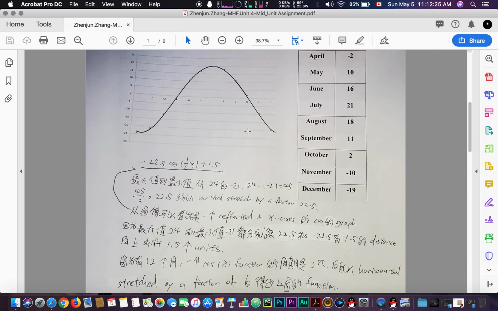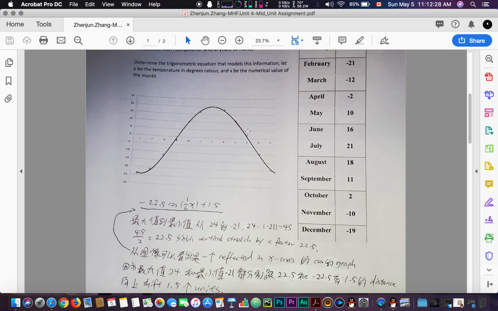Okay, so how did we do that? We have a maximum of 21 and a minimum of negative 24. In order to get the number right in the middle, we use 21 subtracted by negative 24 and we get 45. We use 45 divided by 2, so maximum minus minimum divided by 2.